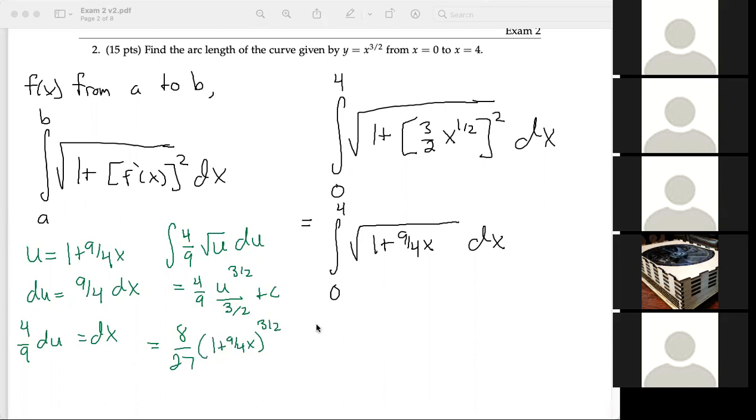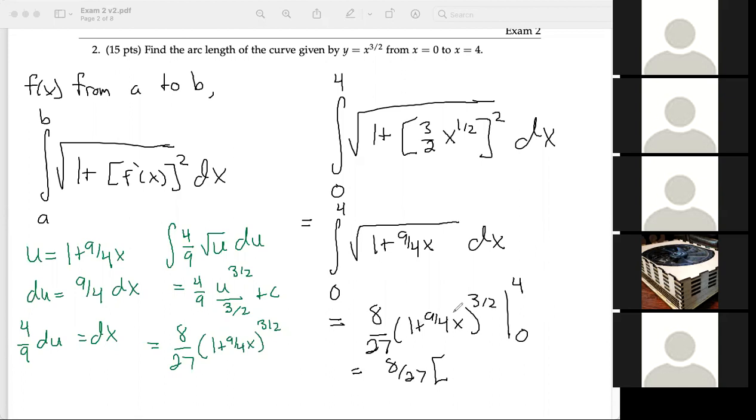So that's our antiderivative. And then we can come back and say, in the context of finding this definite integral, we have our antiderivative, 8/27 times 1 plus 9/4 x to the 3/2. We're evaluating this from 0 to 4. And so we'll get something which we're going to have to stick in a calculator, but for now we'll say put in 4.